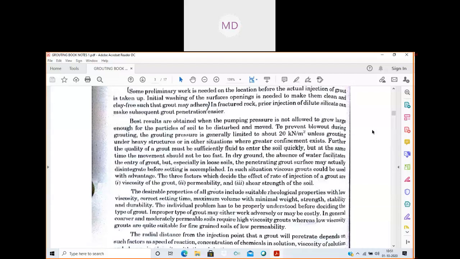Further, the grout must be sufficiently fluid to enter the soil quickly, but at the same time the movement should not be too fast. The material we use as grout is preferably fluid, but the viscosity is to be taken care of.